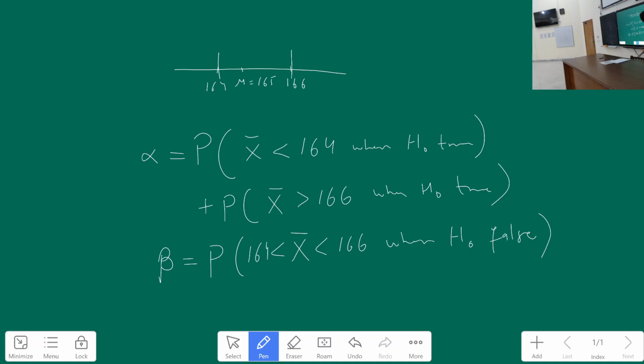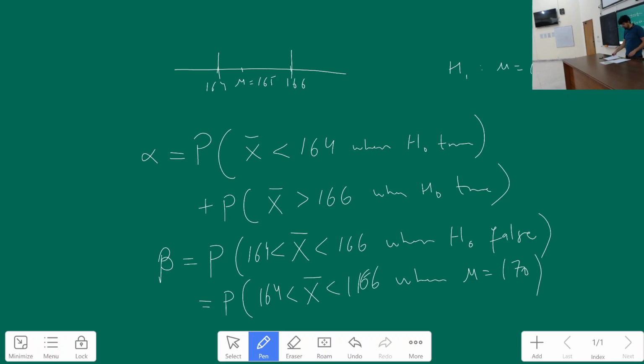Like if the alternate hypothesis says that the mean is 170 centimeter, then you can rewrite this more specifically. You could say, probability x bar falls in 164 to 166 when in fact the mean was 170, meaning H1 was correct. So you can make it more specific if you like, but the idea is the same.